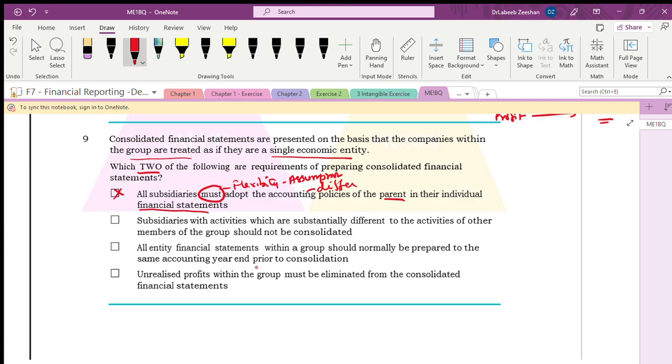Subsidiaries with activities substantially different to the activities of other members of the group should not be consolidated. Why do we not consider all that? They are asking us for two things. We cannot say they should not be consolidated. We cannot have a consolidated statement for 50% of the company and 50% of the company.